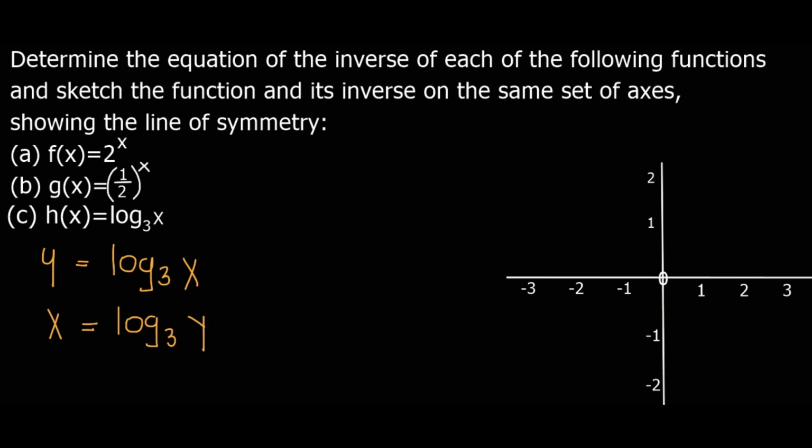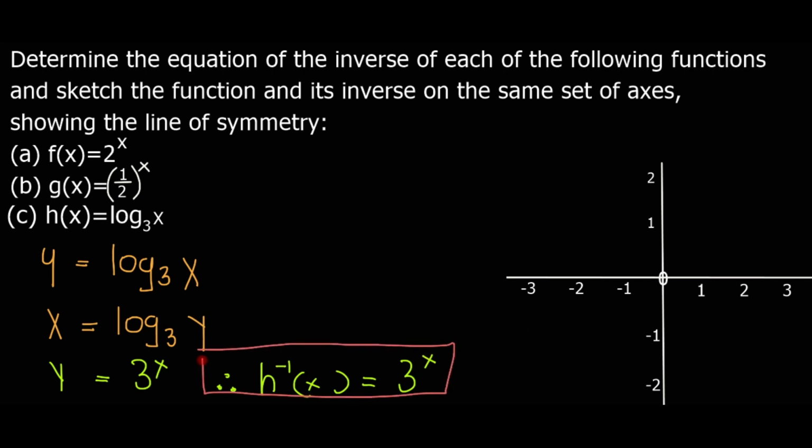From there, because it's in the form of log, reverse apply that law. y equals base to the exponent x. So y equals 3 to the exponent x. Therefore, the inverse equals 3 to the exponent x.